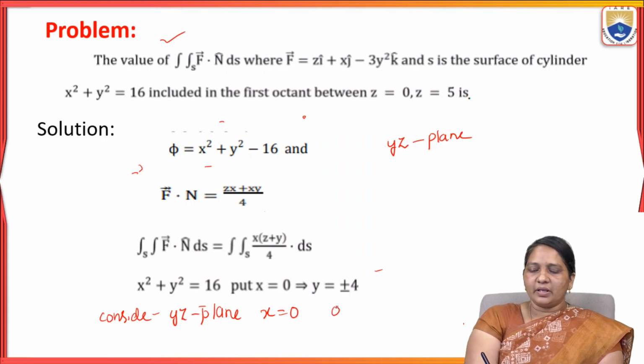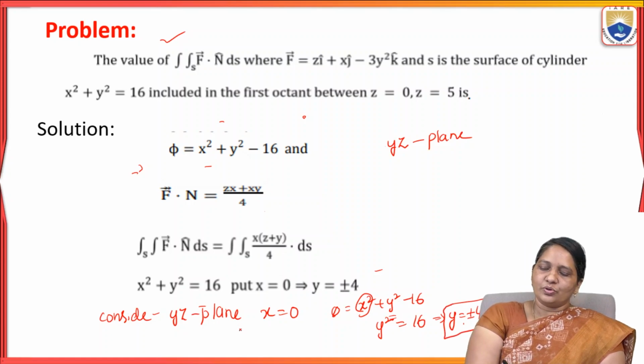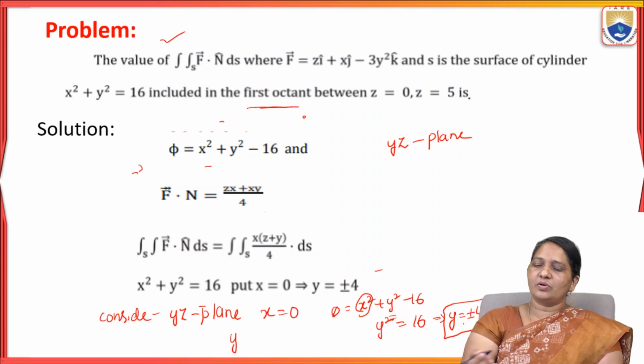Then in the surface x square plus y square minus 16, I can get the y limits by putting x equal to 0. So y square equals 16. Then what is the y value? The y value is plus or minus 4. In the problem they mentioned it is the first octant, which means all values are positive.